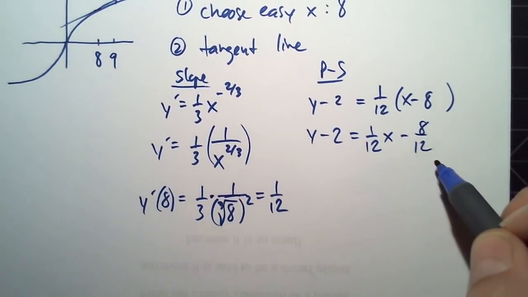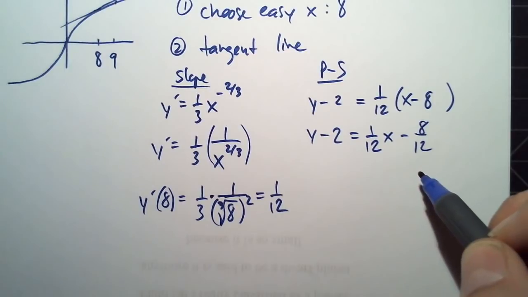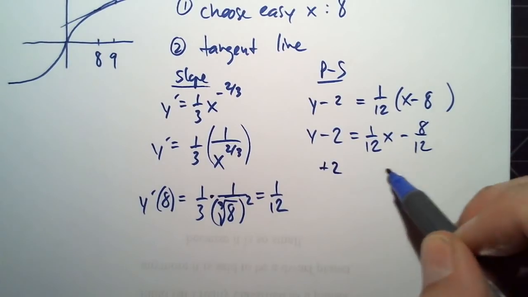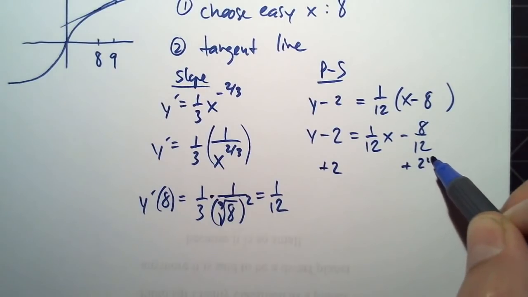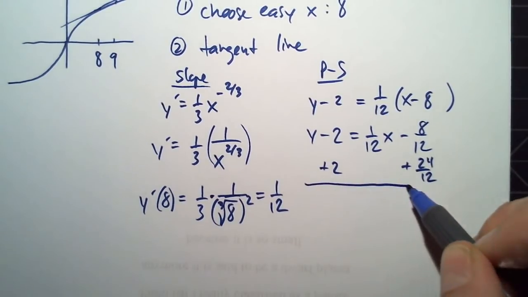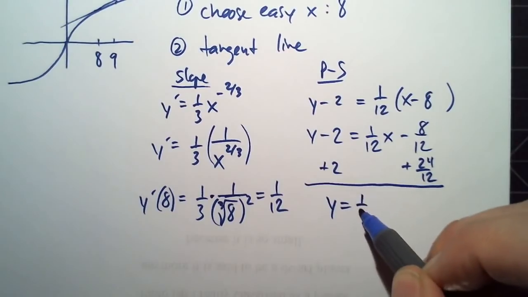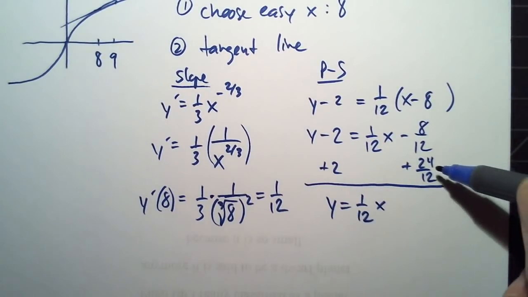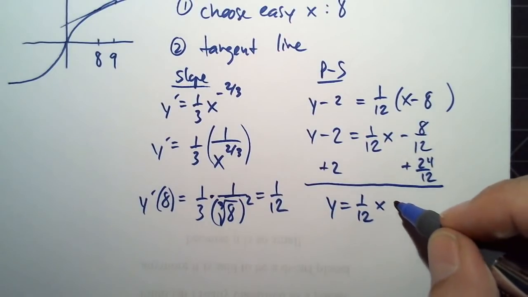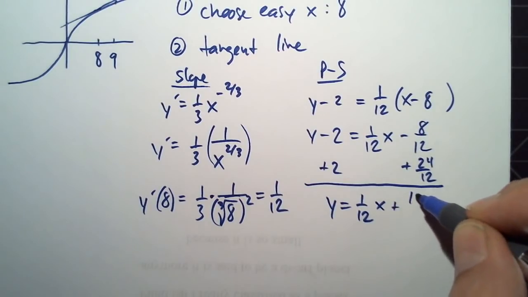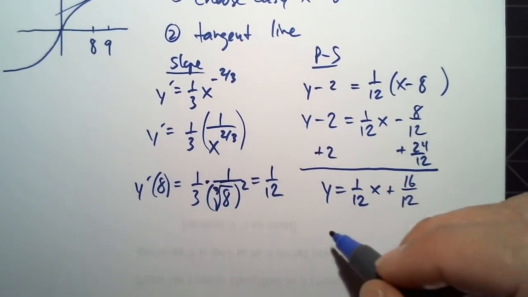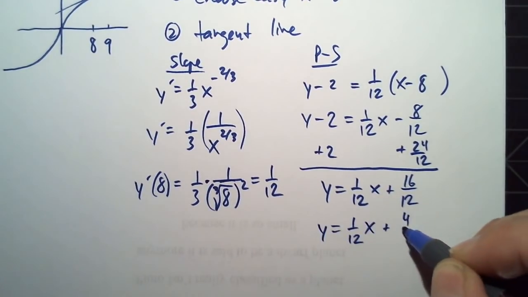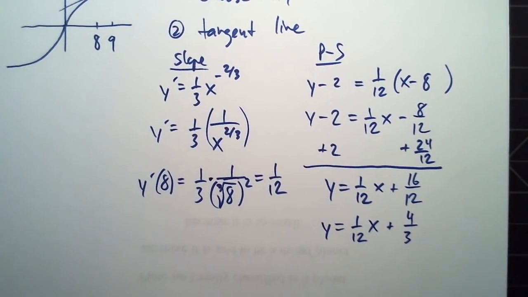And then we have to add 2, so that means we're adding 24 over 12. Let's just write it out so I don't make a mistake. Add 2 to both sides. This is equal to 2. We have 24 minus 8, so that's going to be 16 over 12. So y is 1/12 x plus 4/3.